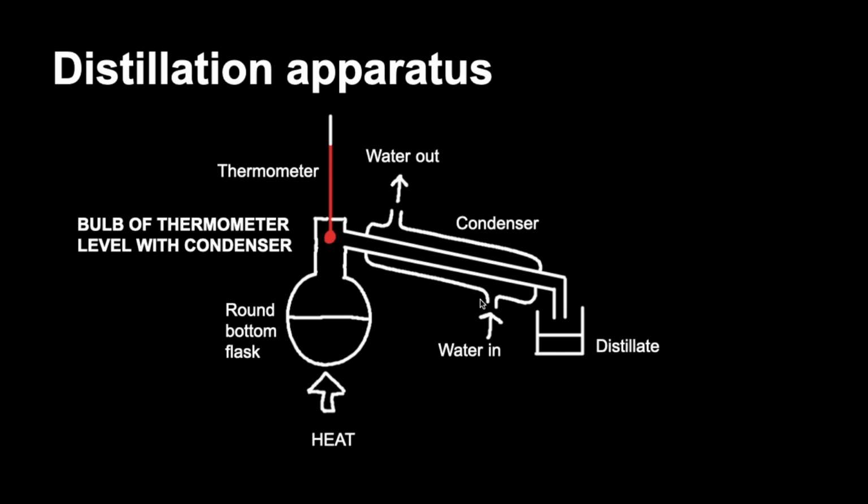If you get it the wrong way around, the condenser doesn't fill up efficiently, so you get air bubbles in it. So it goes in at the bottom, out at the top. And then a beaker, a container to collect your distillate, so that's what comes off distillation. And make sure that's not sealed up, okay, so it needs to be left open.